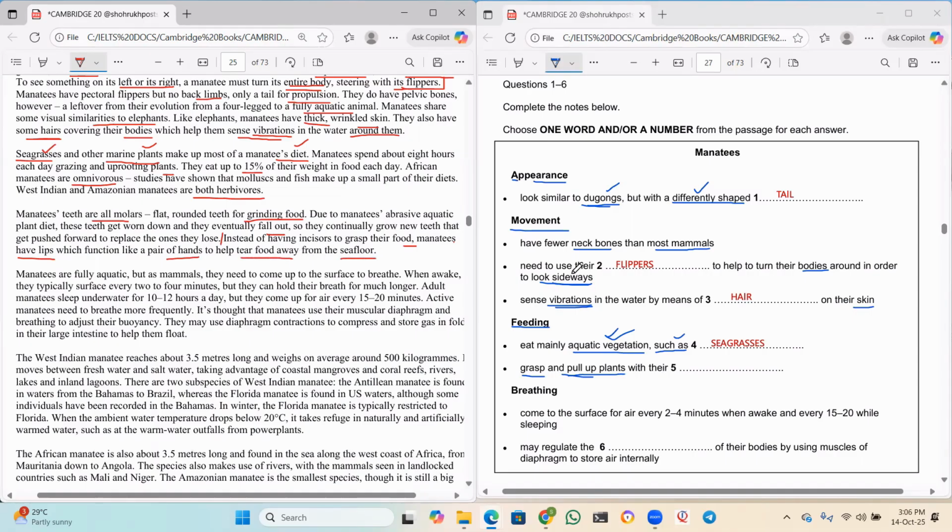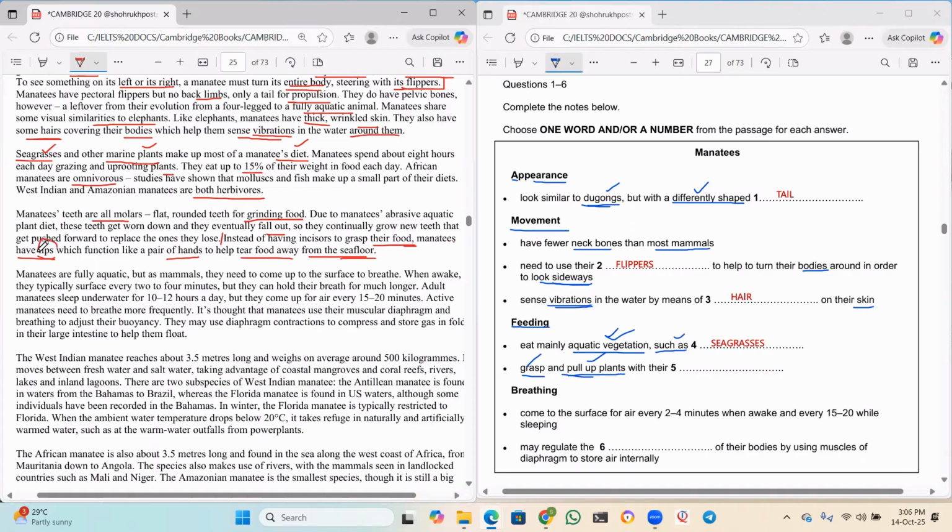Okay, right. So grasping and pull up plants. What is the keyword for that? Tear food away from the sea floor. It means pulling up the plants, right? So with their what? So read the last sentence again. Instead of having incisors to grasp their food, manatees have lips.